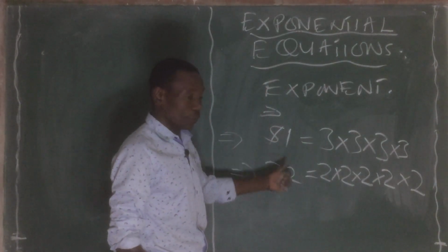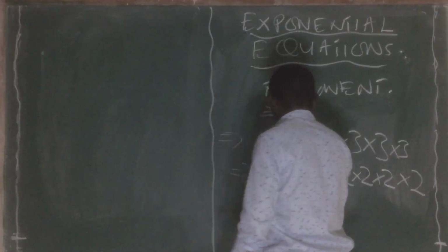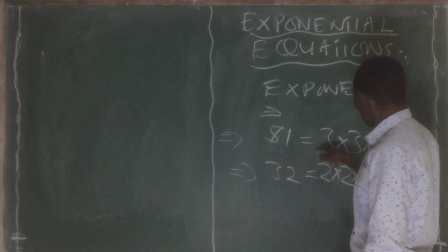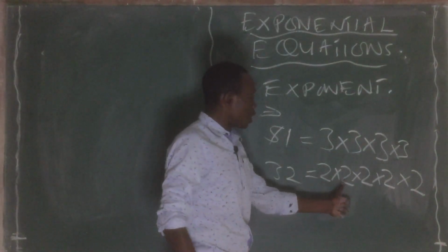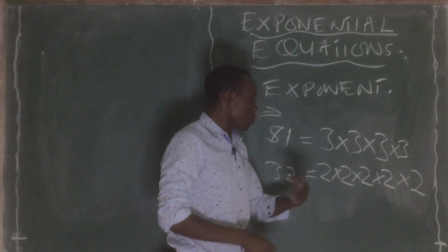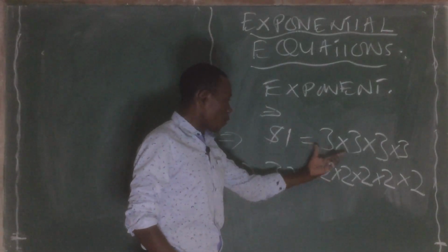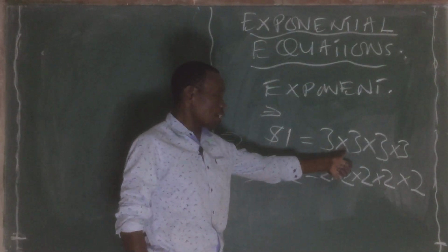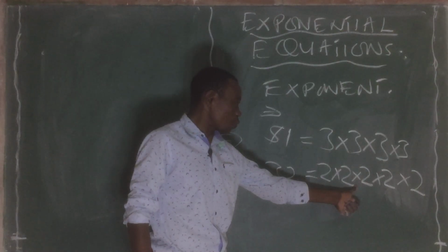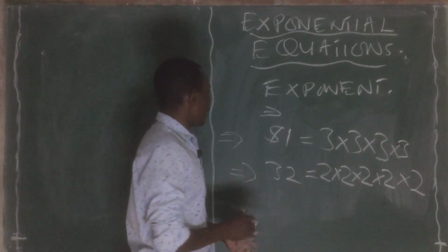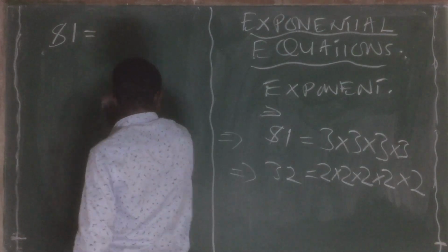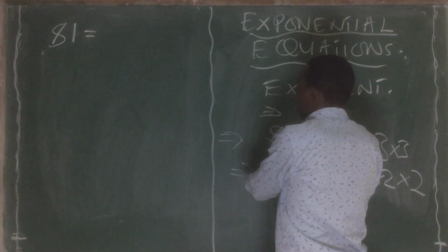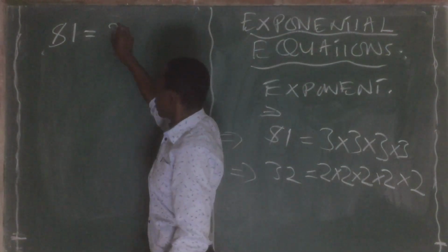So if we write 81 in factors of 3, like 3 times 3 times 3 times 3, and 32 in factors of 2, like 2 times 2 times 2 times 2 times 2, in mathematics this can be written briefly. You ask yourself, what is the factor of 81? It's 3.